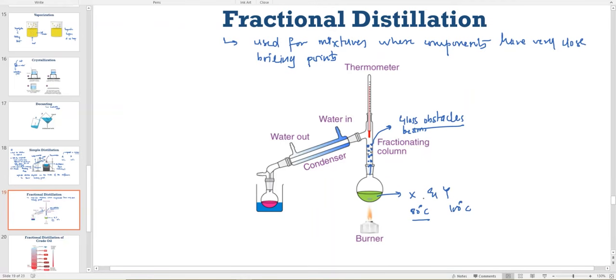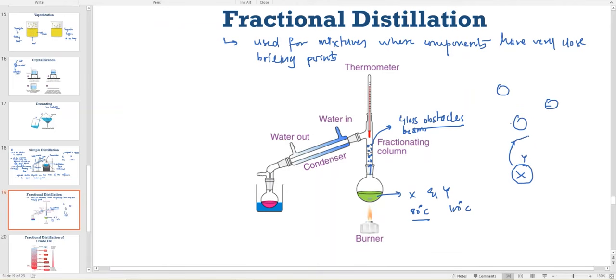Right? So if there is an X molecule and a Y molecule mounted on it, when they start moving, they have to navigate from this glass bead and then this glass bead and then this glass bead.